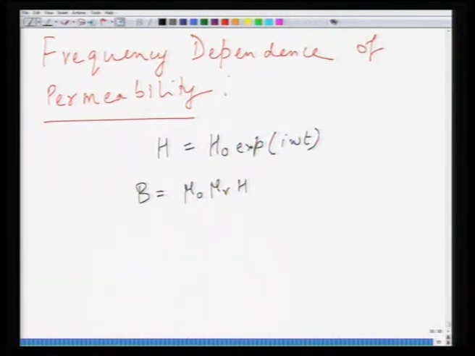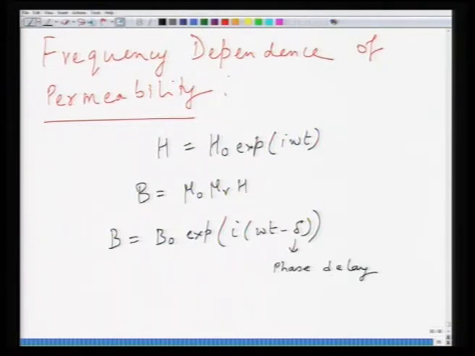So if H is written in the form of phasors as H naught exponential i omega t, then B is written as B naught exponential of i into omega t minus delta. The minus delta suggests that B lags H by an angle delta, which is nothing but the phase delay between B and H.